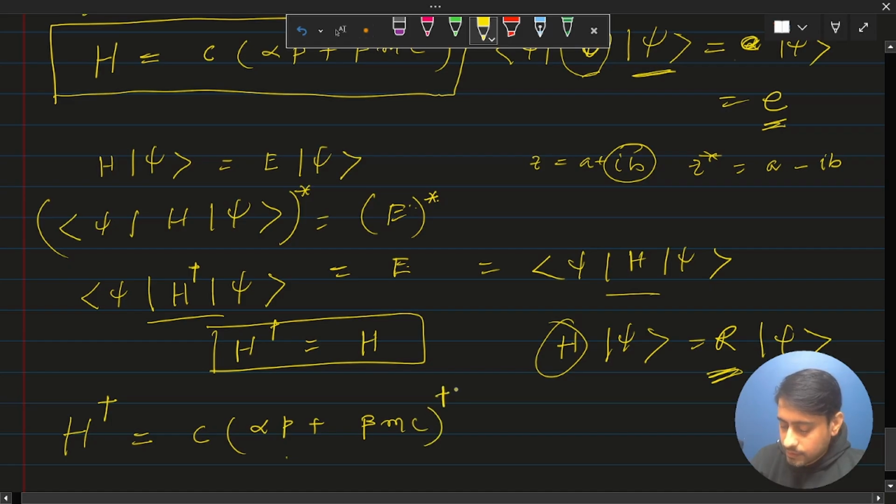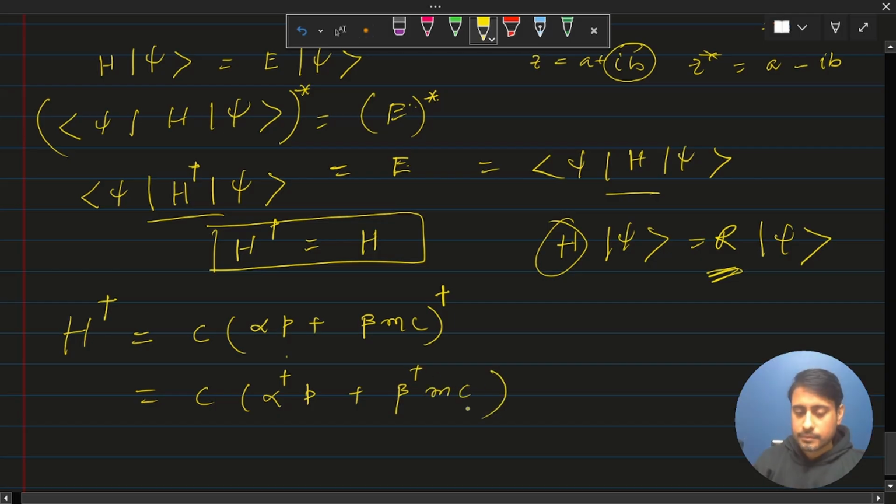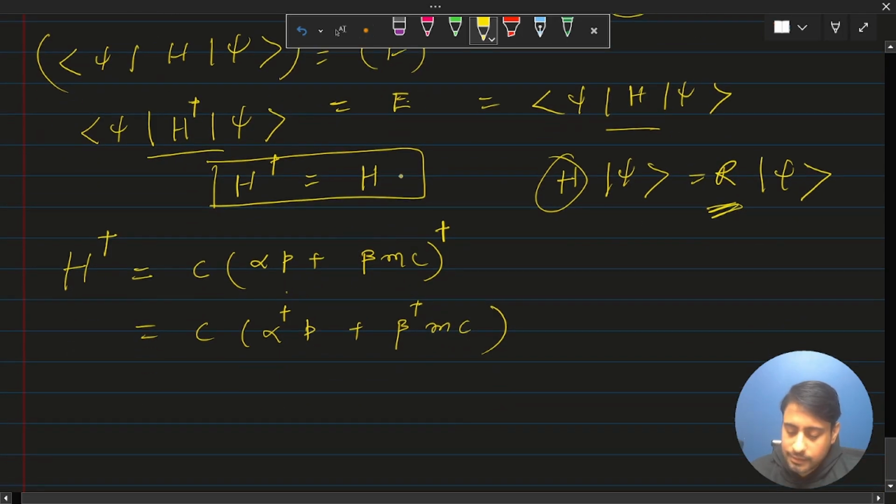So we can take the dagger on both sides. It will give you c alpha dagger P. You know that P is a real quantity, so it must be the same, and beta dagger mc. But you know that H dagger is H for it to be an operator in quantum mechanics.